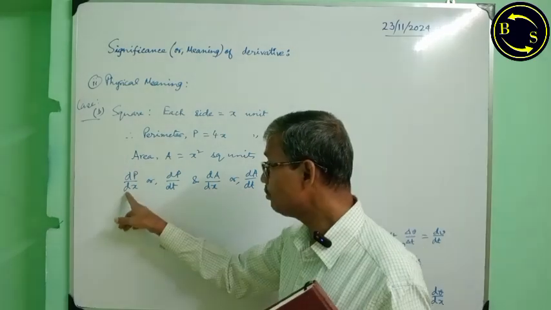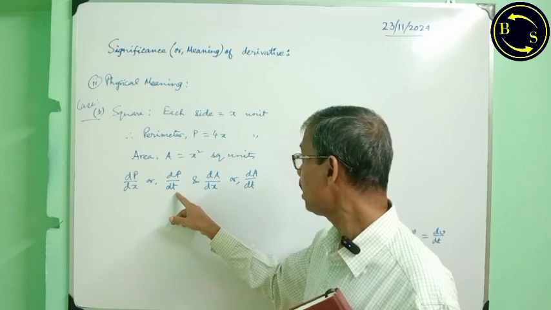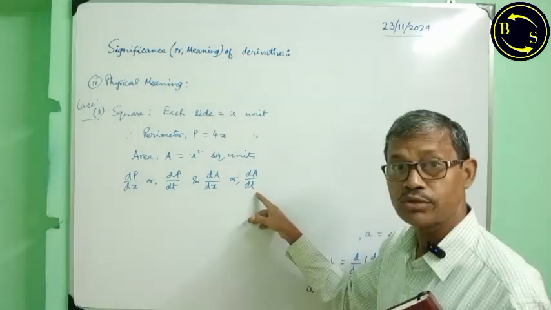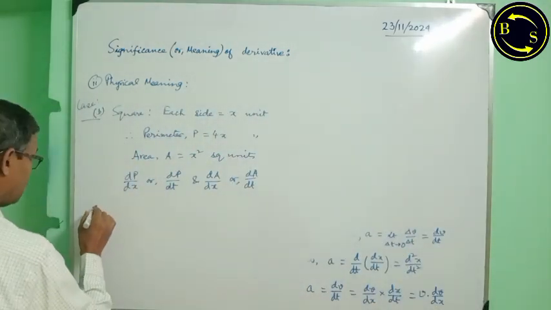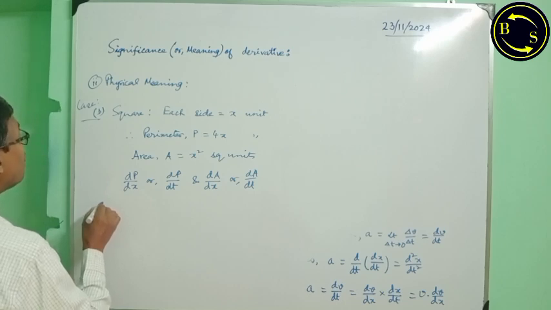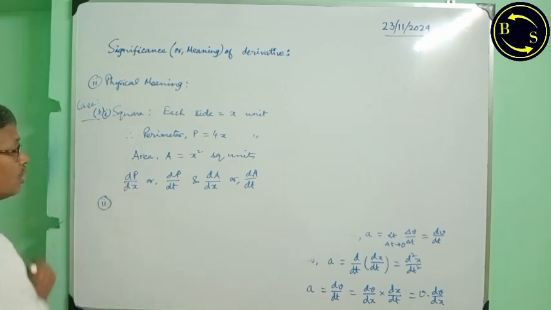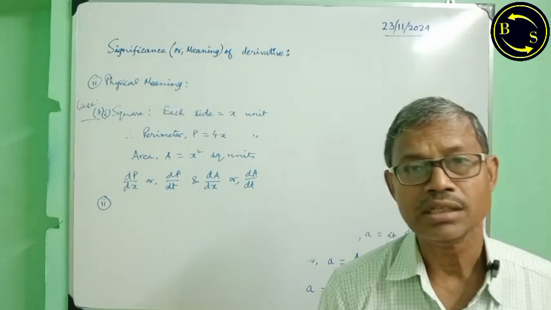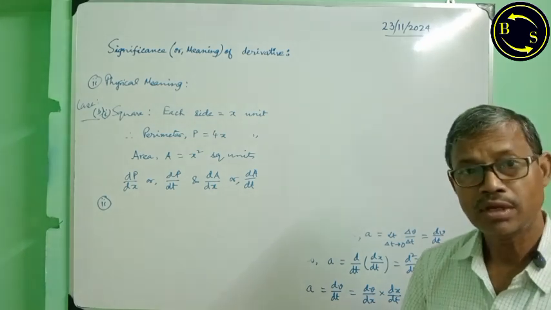That means rate of change of perimeter with respect to its side, rate of change of perimeter with respect to time, rate of change of area with respect to x, rate of change of area with respect to t, time. In case of triangle, generally we consider equilateral triangle, rate of change of perimeter, rate of change of area may be considered.